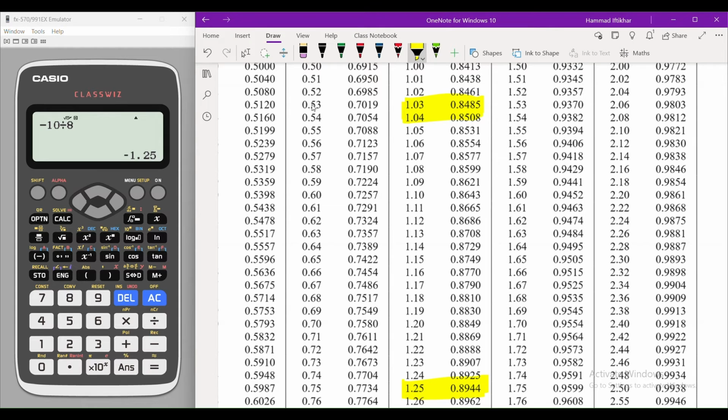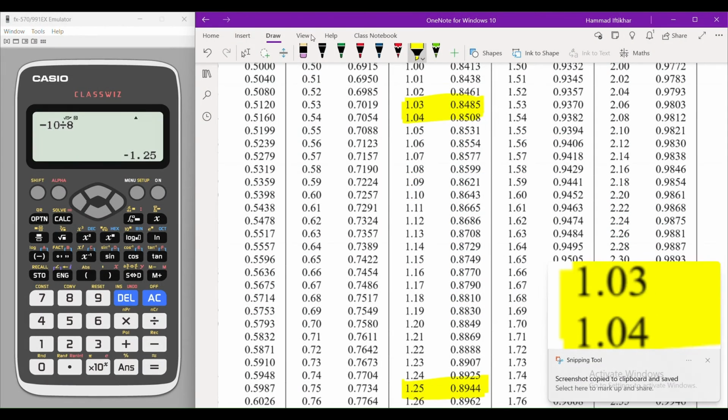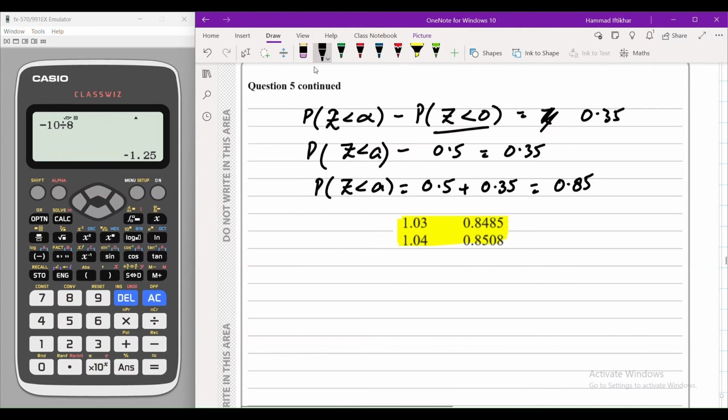So we are going to do linear interpolation to figure this out. Let's copy this and go back. Alpha minus 1.03 divided by 1.04 minus 1.03, although the normal curve is not linear, we can slightly assume that in a small region.